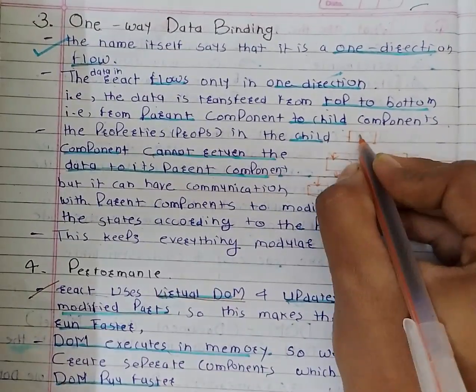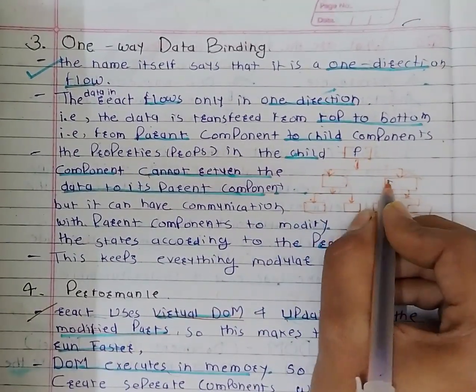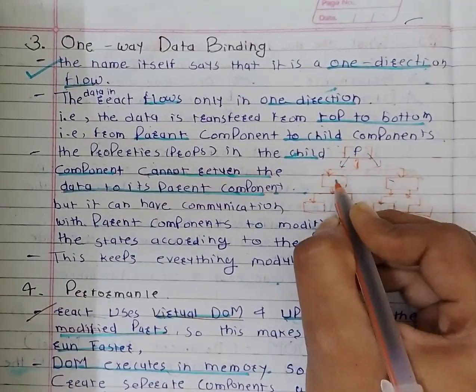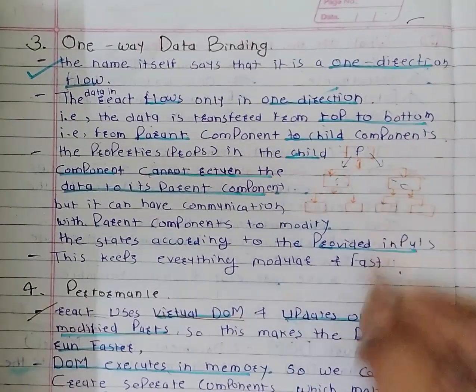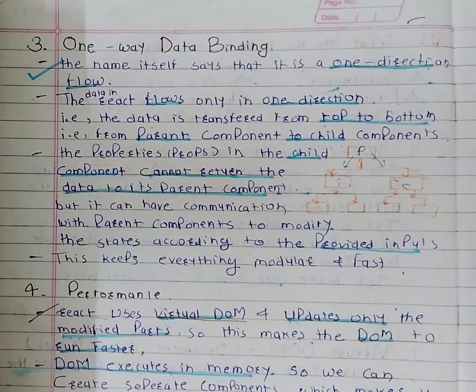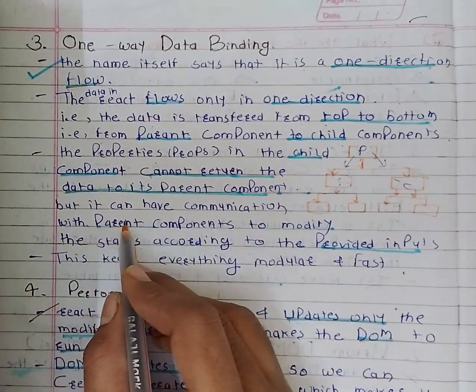What does the parent do? This is the parent of these two children, so it flows the data to its two children. But these children cannot flow the data to their parents. This is how data flows in React.